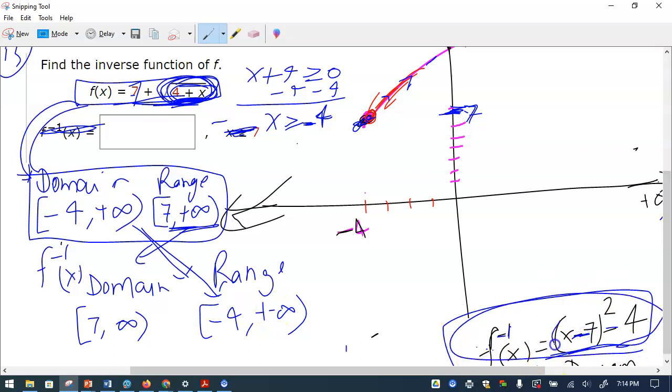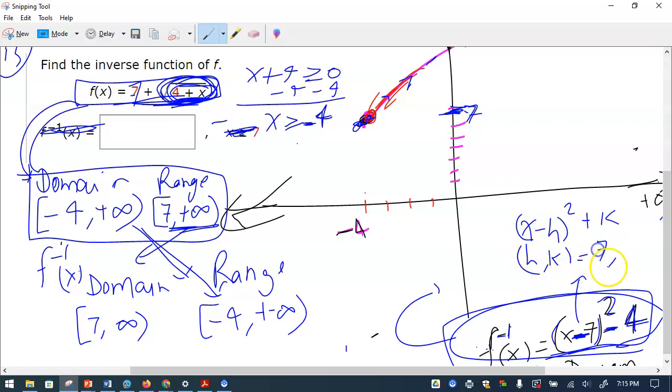So (x minus 7) the whole square minus 4, how will the graph look? You can see it is a parabola. If you compare this with the vertex form, (x minus h) the whole square plus k, the vertex is (h, k). So h is 7, and k is negative 4 as it is, so this becomes the vertex.